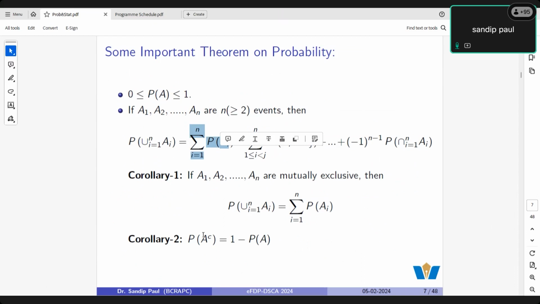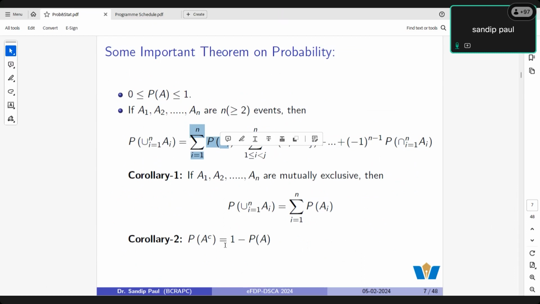So from this we can say the probability of A complement, that means the probability of the non-happening of the event A. If we toss a coin, and the probability of getting head is A, then the non-happening is getting a tail. So similarly, we can obtain the probability of its complement.